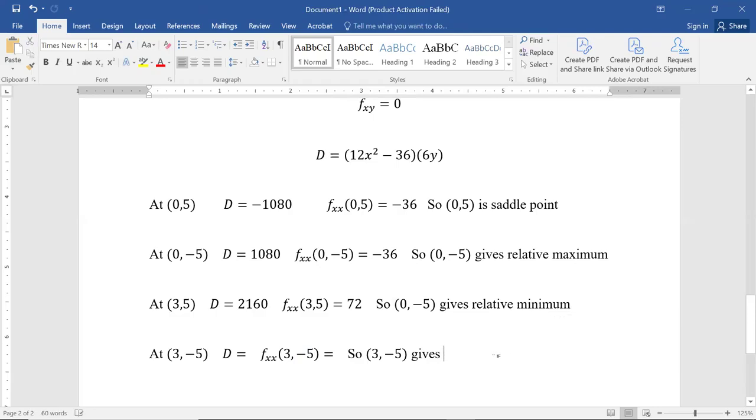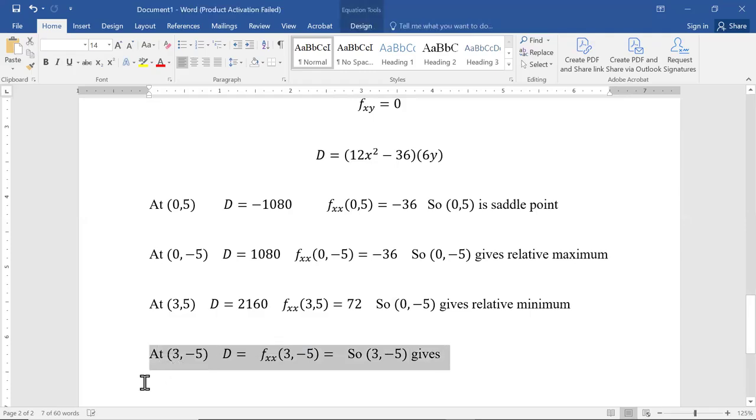There we go. So we're going to do 3, -5, and we'll calculate the D first. Plug in 3 for X, and then a -5 for Y. If you do that, you get negative 2,160.